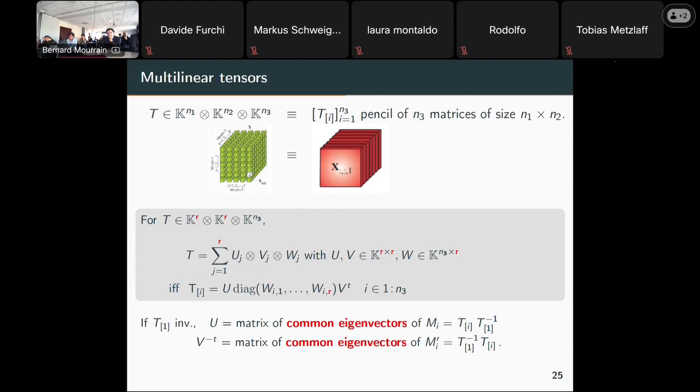Just from this form, you will have a diagonal term, and then U inverse. So Mi is U, the diagonal matrix, U inverse, which means that U is the matrix of eigenvectors of Mi. And so we have common eigenvectors for all these slices, all these matrices.